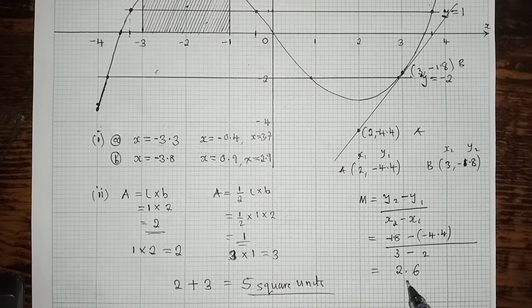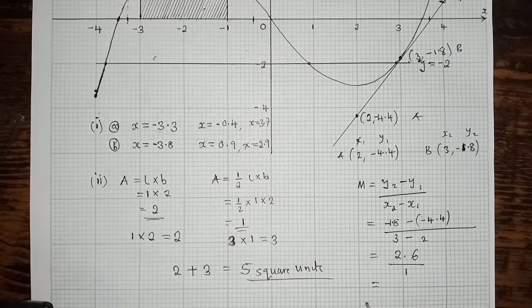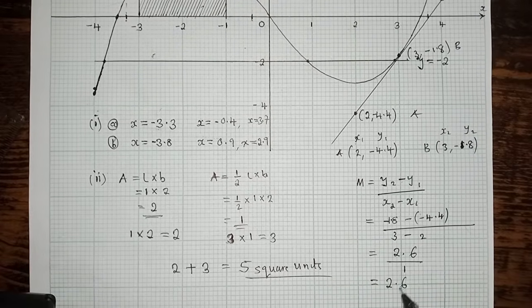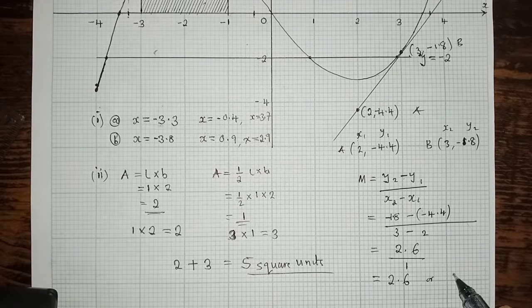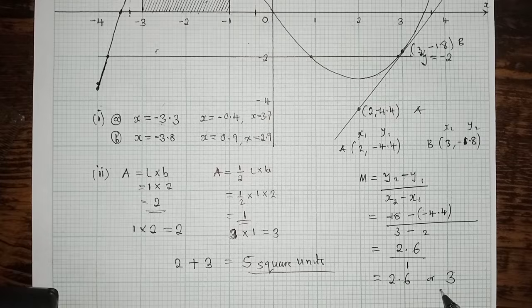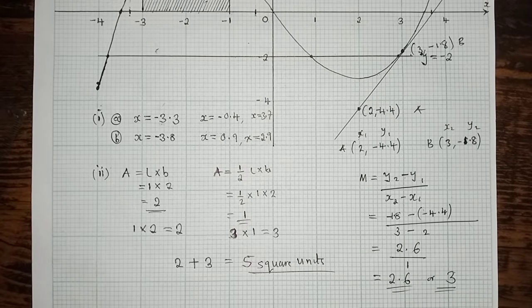Okay, 2.6 over 3 minus 2, which is 1, of which your answer will just be 2.6, or if you want you can round it off to 3. That's all. Okay, this is the answer we are getting.